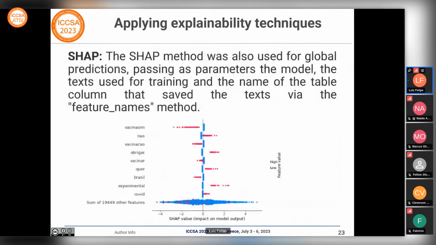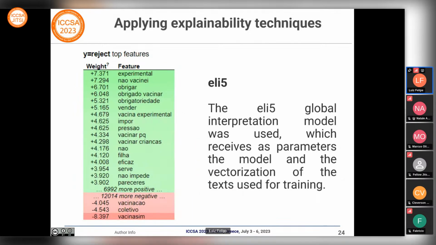The SHAP library was used to apply explainability and generate an overview of the model behavior. The ELI5 explainable model is also used in evaluating the overall behavior of the trained model.